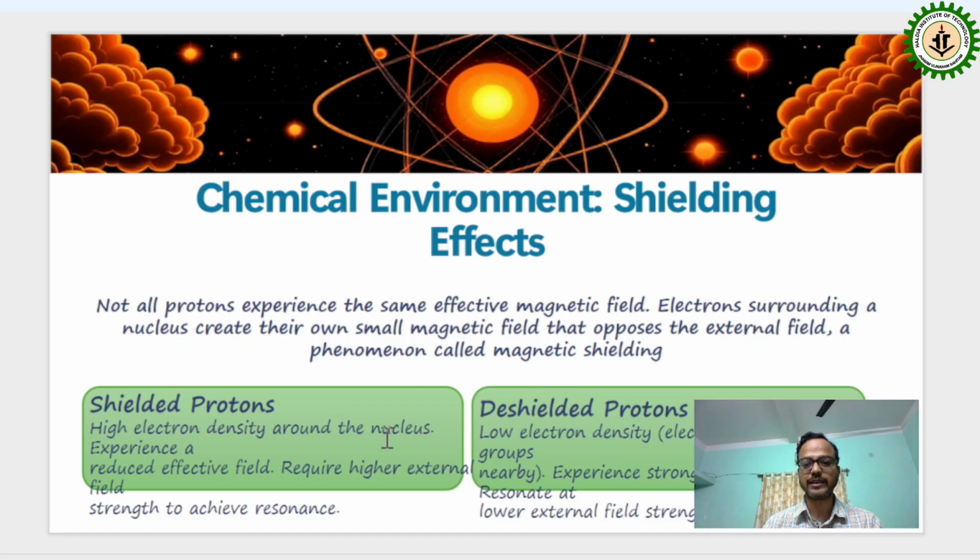So what is shielding? Let's talk about shielding. Let's talk a little more about what we have learned previously, that an atom which has a nucleus is surrounded by electrons, that is the electron cloud. So the nucleus is actually shielded by these electron clouds.